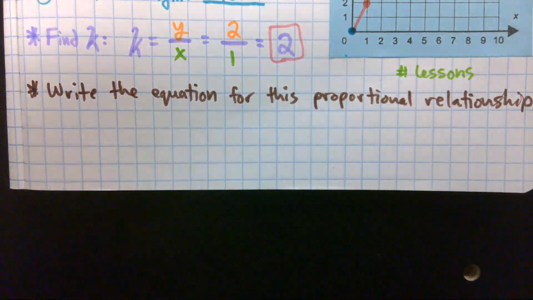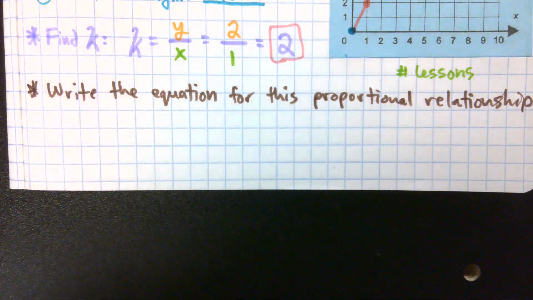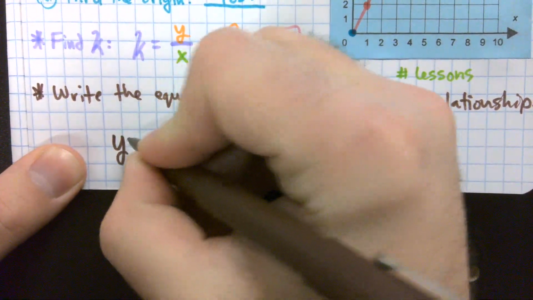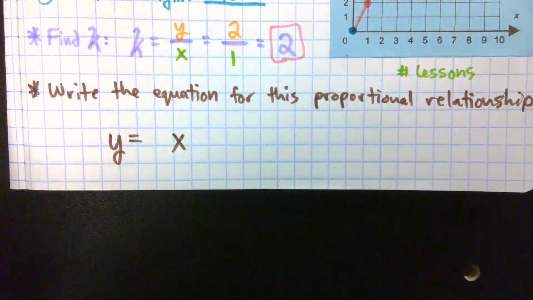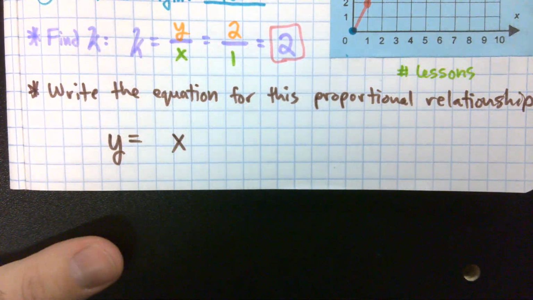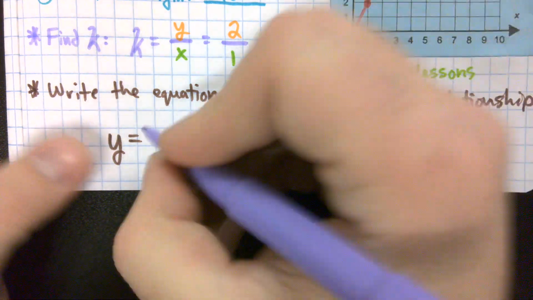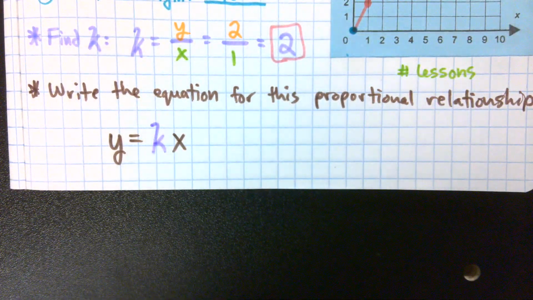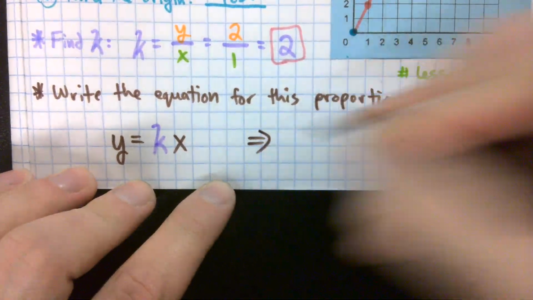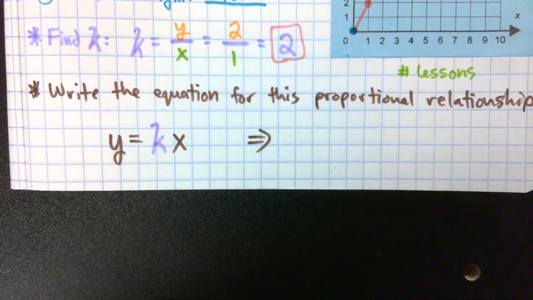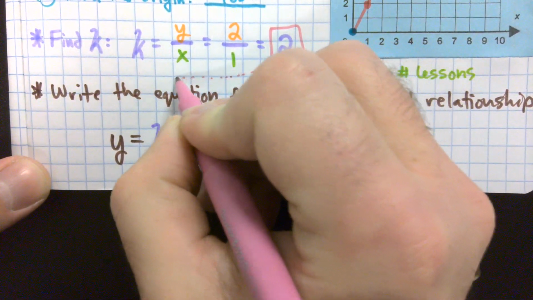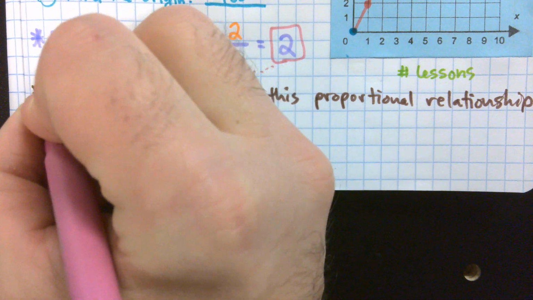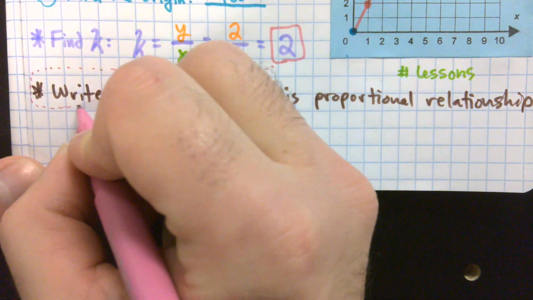The formula that we put in big letters in a bubble was what? Y is equal to what? 2x. Oh, well, yes, but the formula itself is y is equal to kx. All we have to do is plug in our value of k, which in this case we just found is 2.